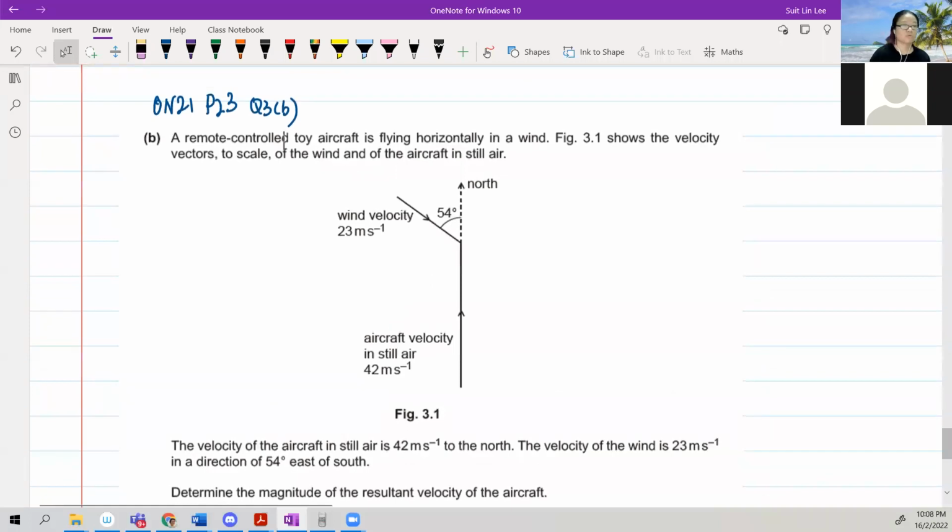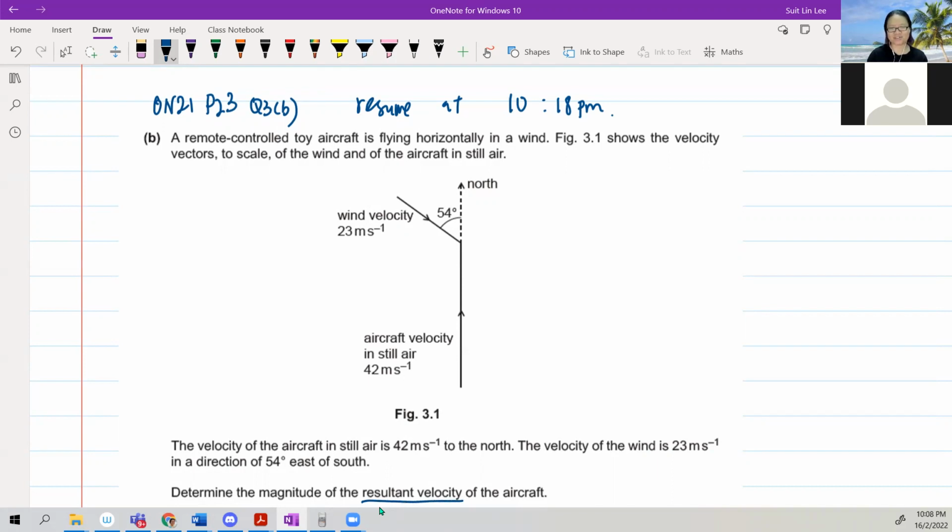So we will resume at 10. I guess maybe I'll give you about a 10-minute break. So we'll resume at 10:18 p.m. Tired? Take small breaks. So go and stretch, wash your face, and then if you want to, come back and determine the magnitude of the resultant velocity.